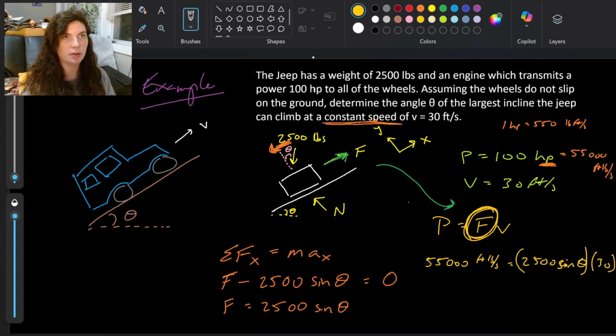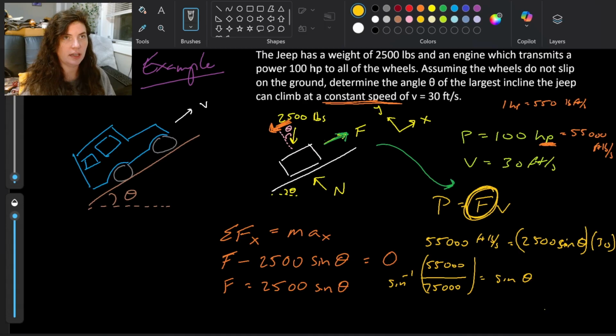If I do a little bit of rearranging here, I can multiply this out. 55,000 divided by, let's see, 2,500 times 30 is 75,000. So divide over the 75,000, and then I can take my inverse sine to find that angle theta.